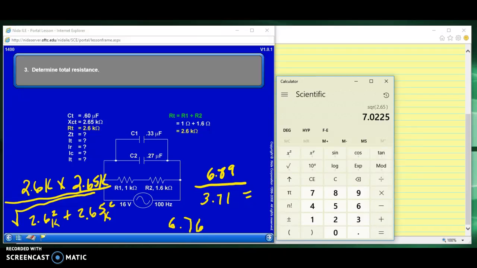So that's going to be 7.02, so 7.0225, let's say. So I'm just going to come over here and add 6.76 plus 7.02. I'm going to get the square root of that. Nope, 3.71. So let's do this math.